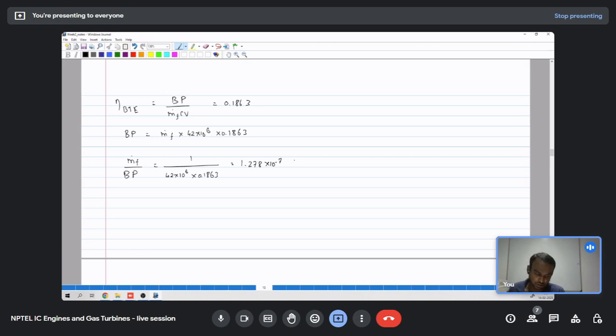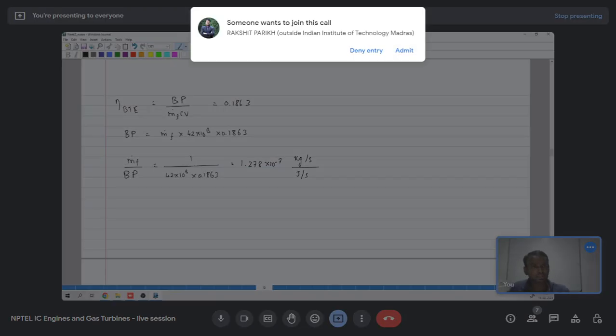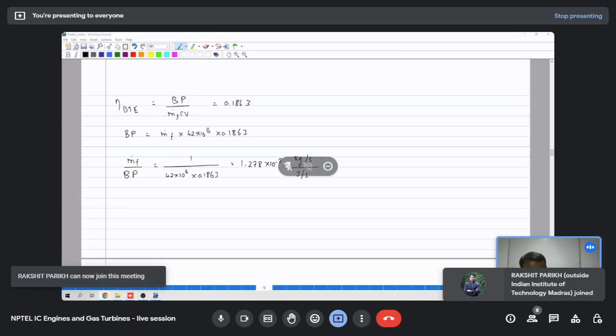So the units are, for m dot f, kg per second, and for brake power, joules per second. So this will become kg per joule.